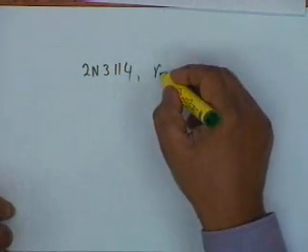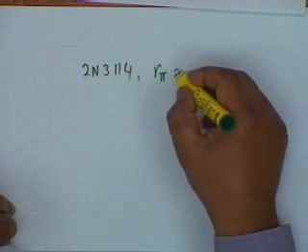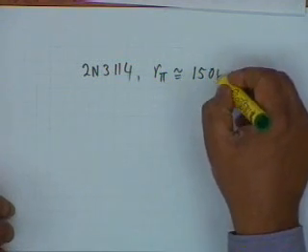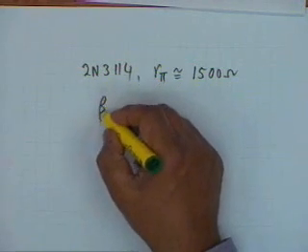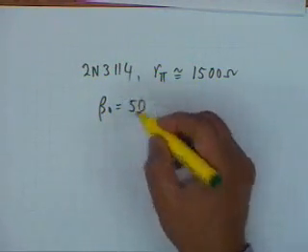As an example, for 2N3114 transistor, the manufacturers have specified that at a typical operating point R pi is 1500 ohms. Beta 0 is 50.